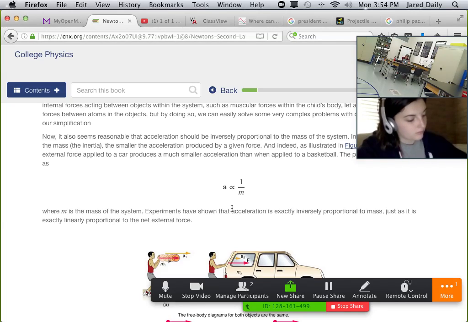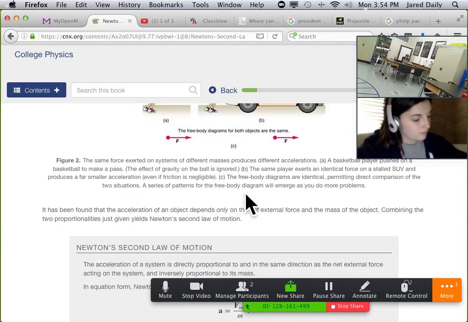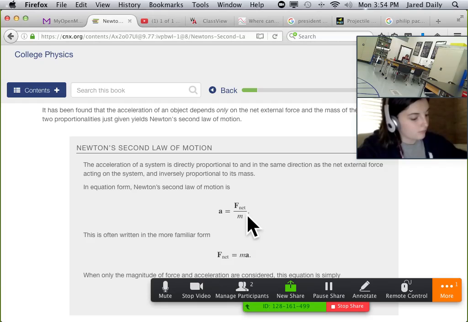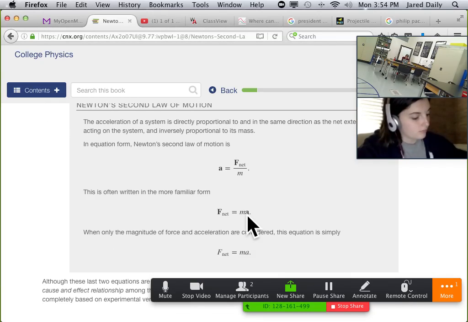So if he increased the mass by 2, he would decrease the acceleration by a factor of 1/2, and so on and so forth. Through this, he was able to determine that there is an equation that governs motion when it comes to forces.